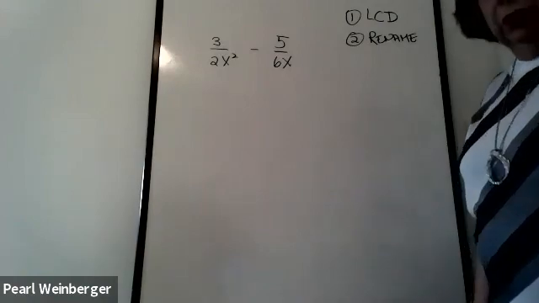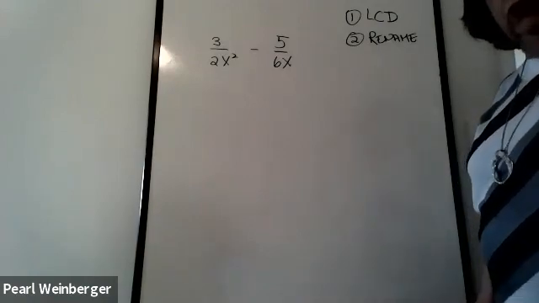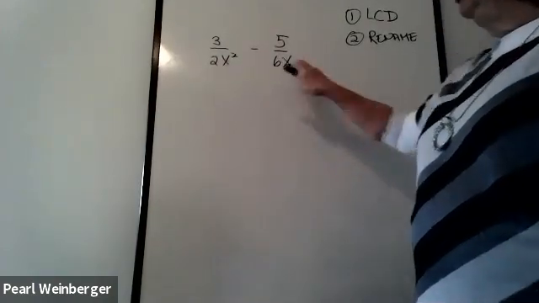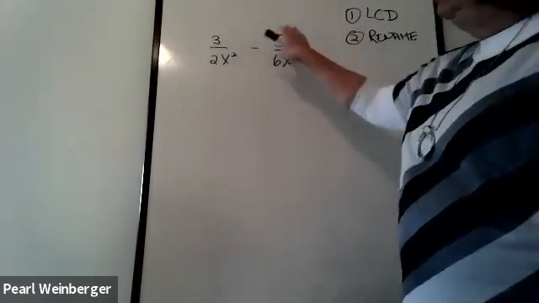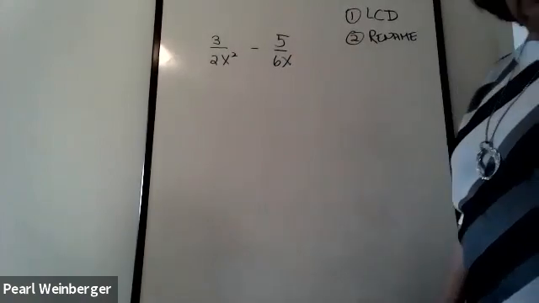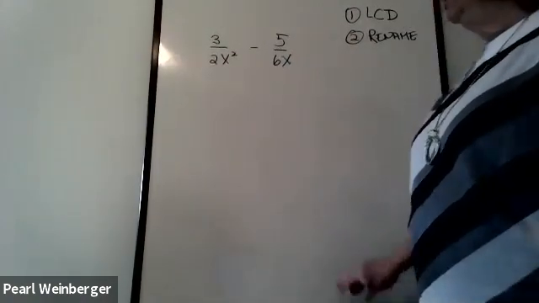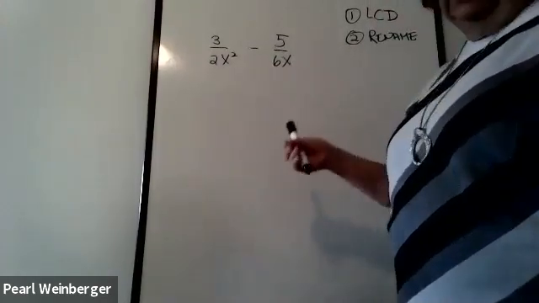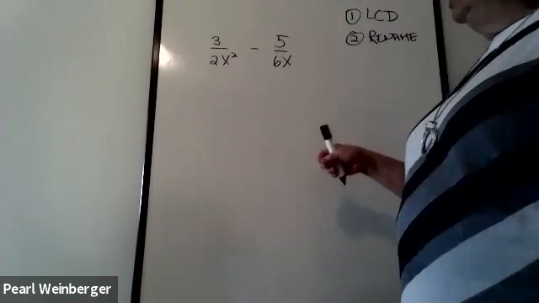I'm going to show you a longer way, and then I'll show you a shorter way that works when your denominators are monomials. It doesn't matter whether your numerators are monomials or not. Your denominators are monomials. So the first thing you've got to do is find a common denominator.